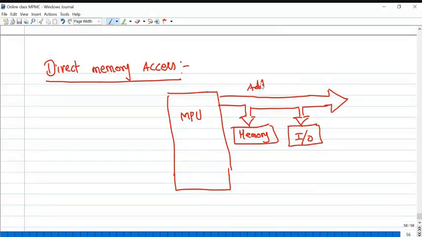Like this, the data bus is also available. The data bus is bidirectional.